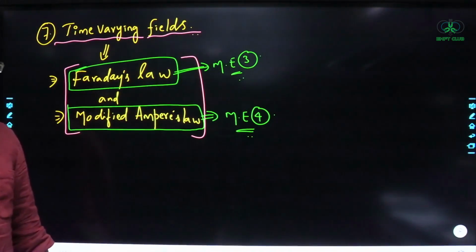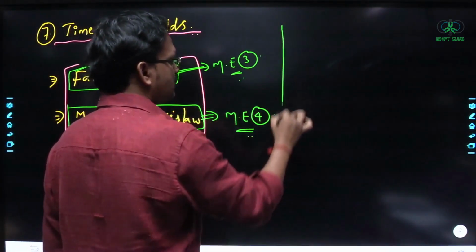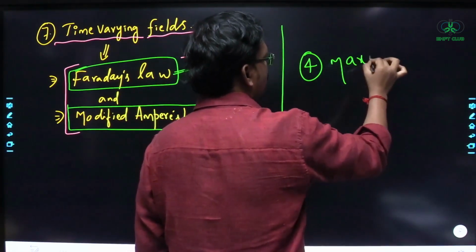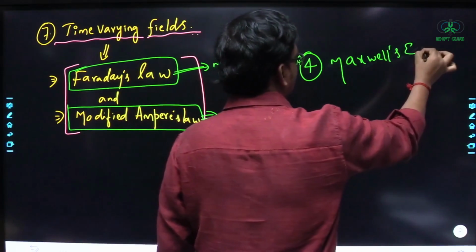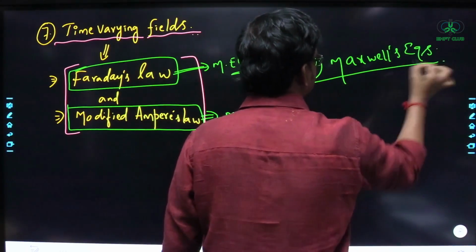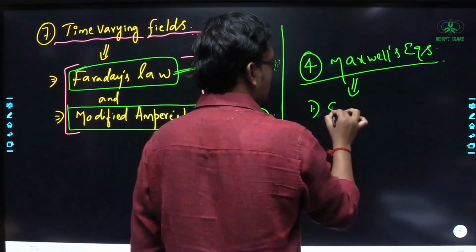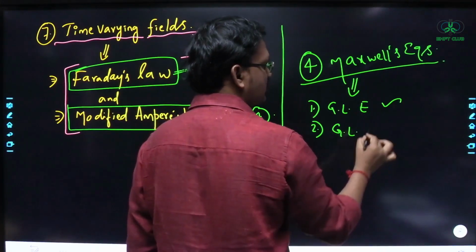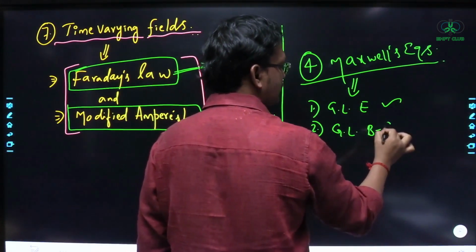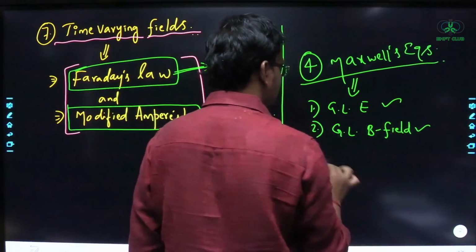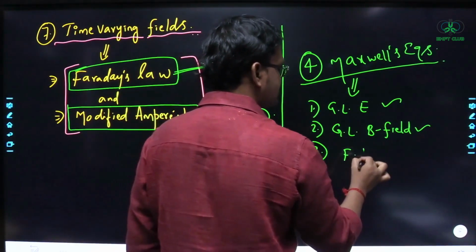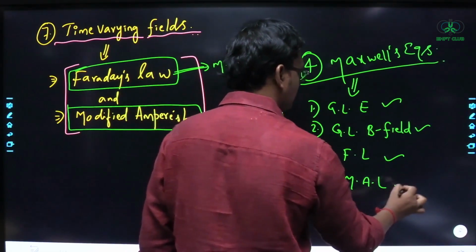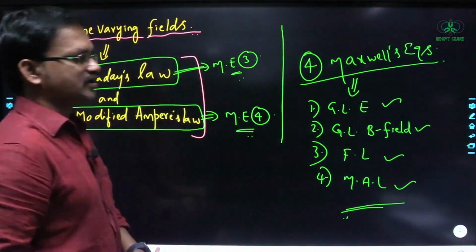Totally we got 4 Maxwell's equations. So what are those 4? The first one is Gauss law for electric field, second is Gauss law for magnetic field, or simply B field, then Faraday's law, and then modified Ampere's law.